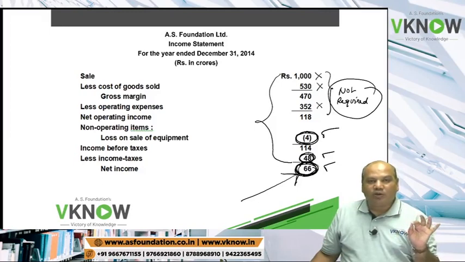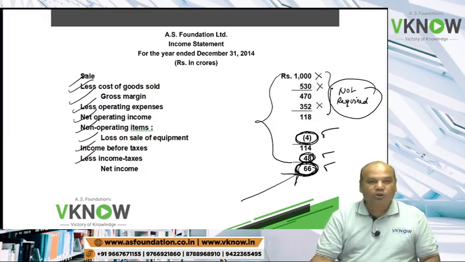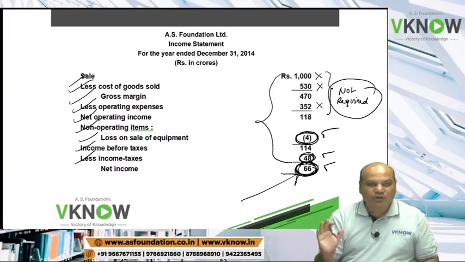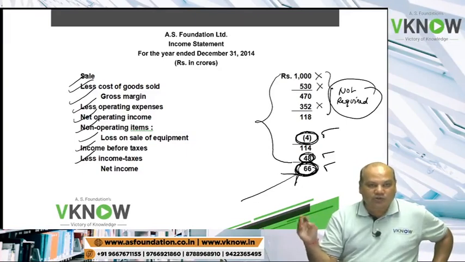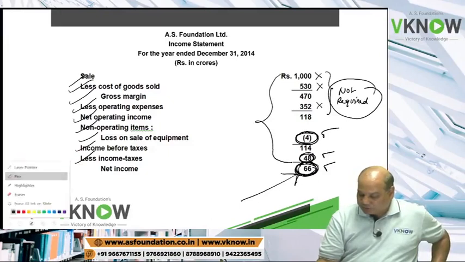So when I am writing profit 66, it includes all the above items. But those items which require adjustments will be adjusted by giving double effect. Is it right?